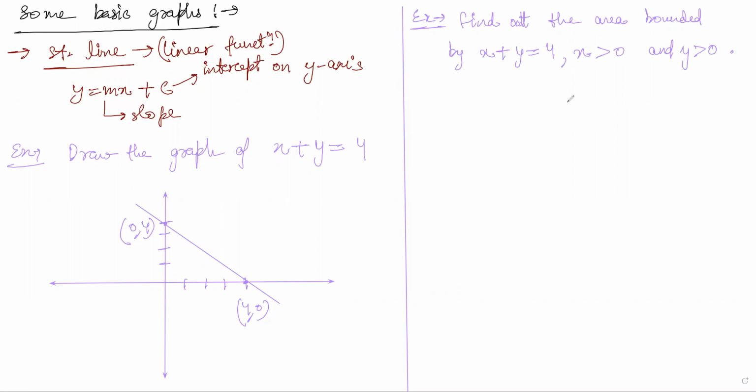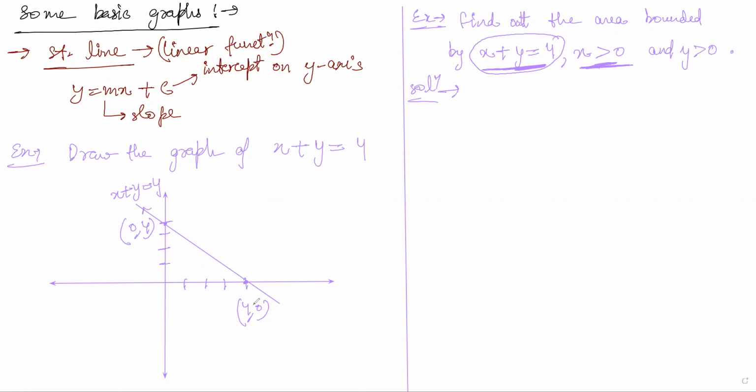So first of all, understand the question. What does the question want to find? The question says that you need to find out the area bounded by this line, which you have already drawn. This is x plus y is equal to 4. Then x greater than 0. Now when will x be greater than 0?